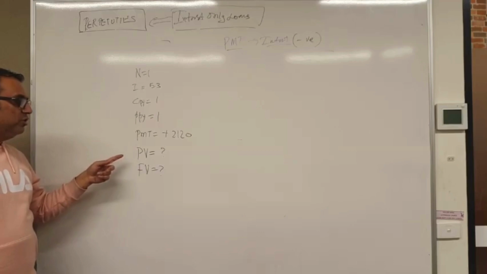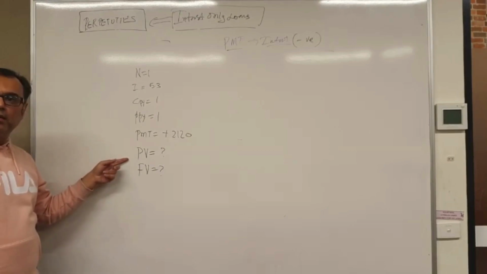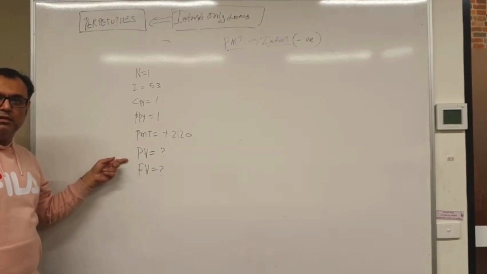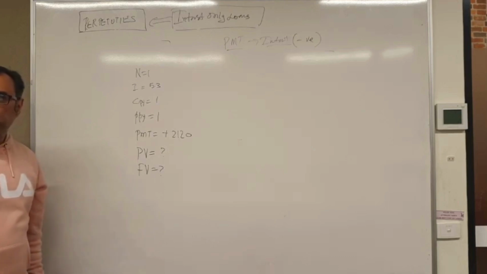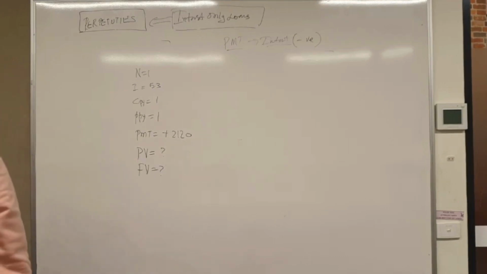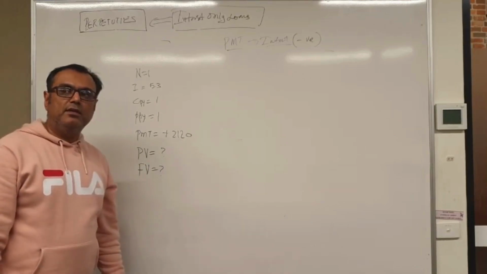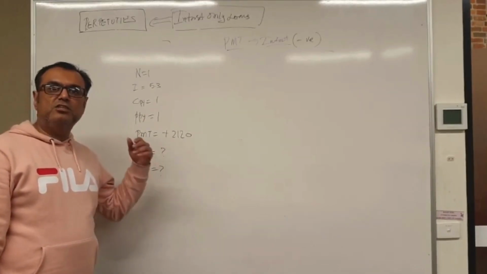After reading this through, you knew you have to find PV? Yes? But where is FV? It's not given. So use the formula. Financial solver is not a magic wand that you can find answers to every question.